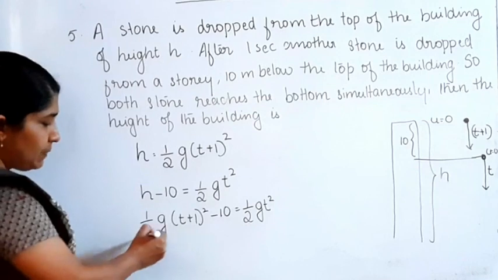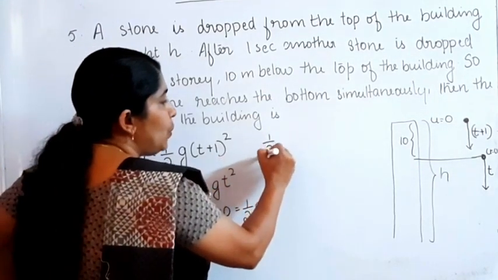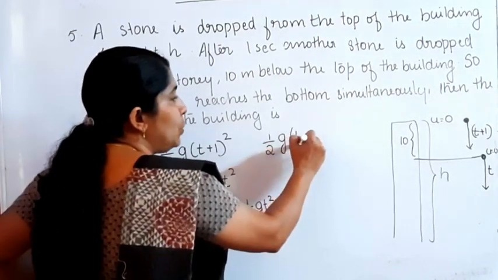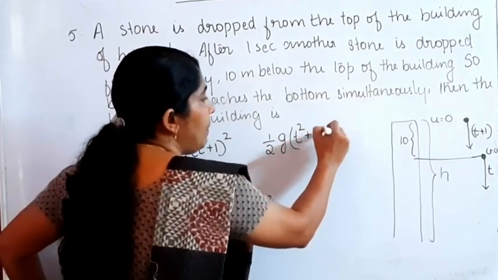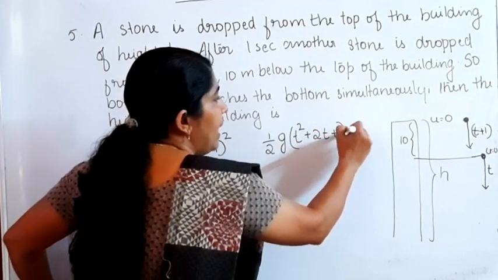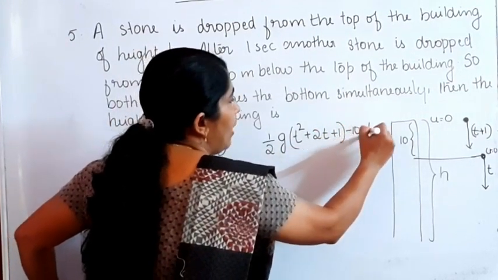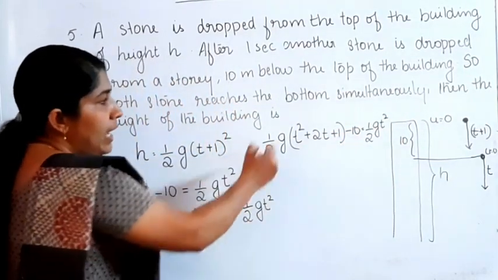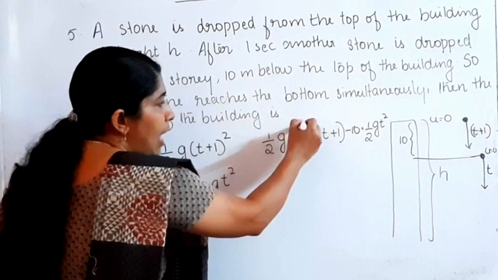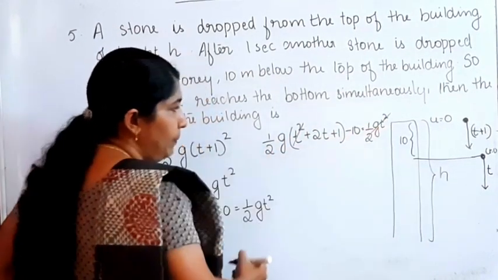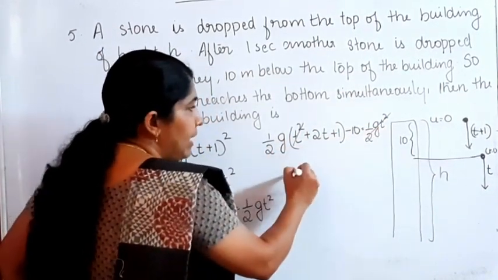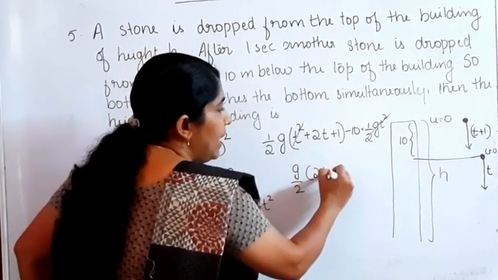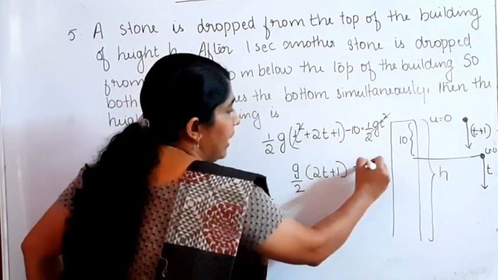On expanding this, half g into t plus 1 the whole square is half g into t square plus 2t plus 1, minus 10 equal to half gt square. Then we can cancel half gt square on both sides. Now again on rearranging, g by 2 into 2t plus 1 equal to 10.